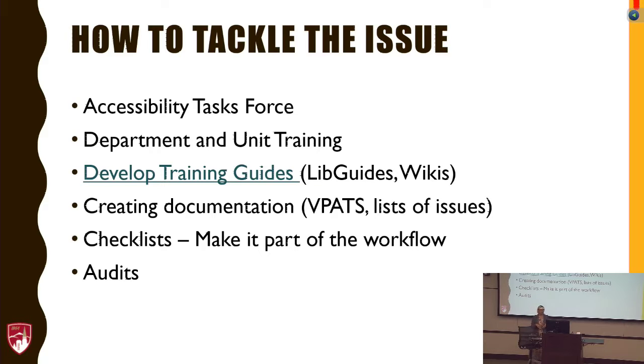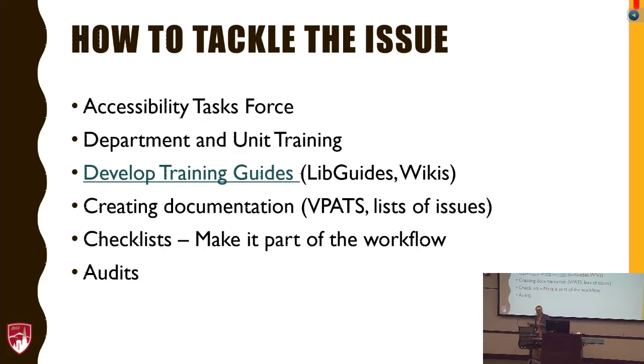I sit on the university library's accessibility task force. So when the university as a whole set up an accessibility task force, the main library set one up. And I represent the law school on this accessibility task force. There is a person from every single department of the library sitting on the task force.